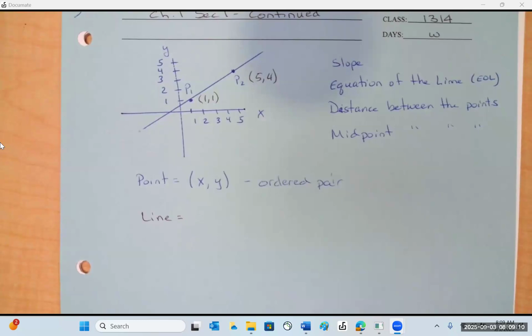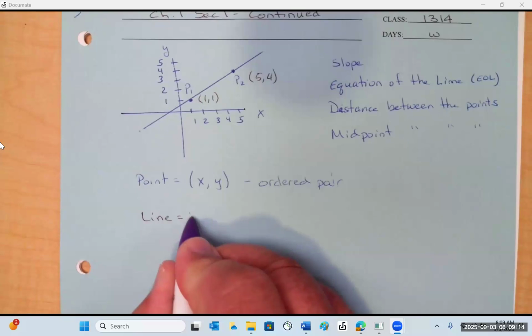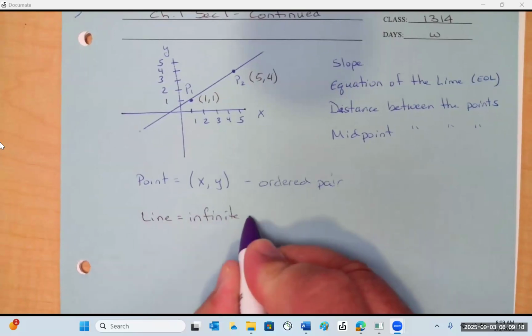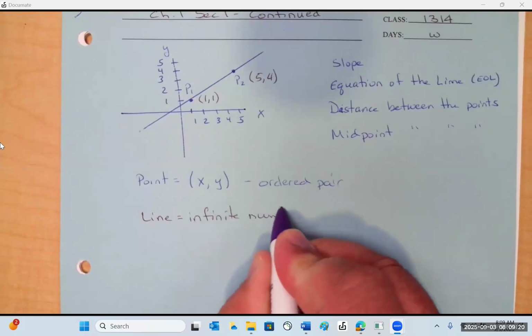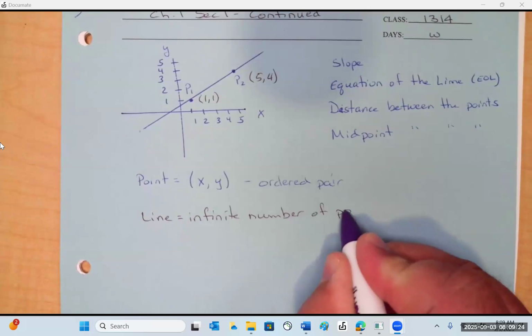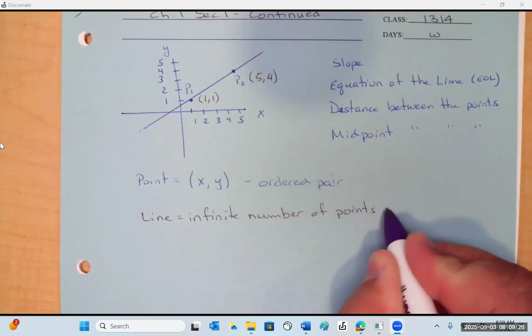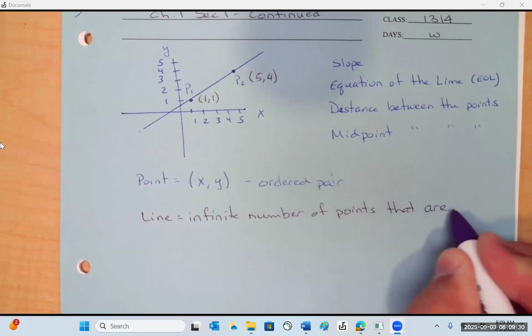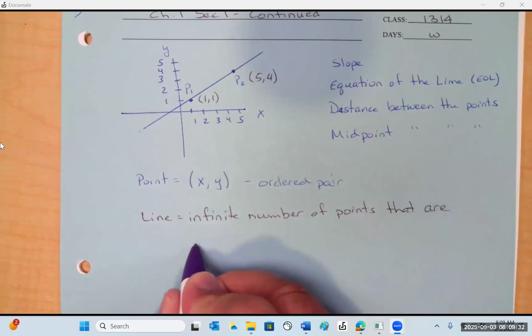A line is an infinite number of points that are all what?